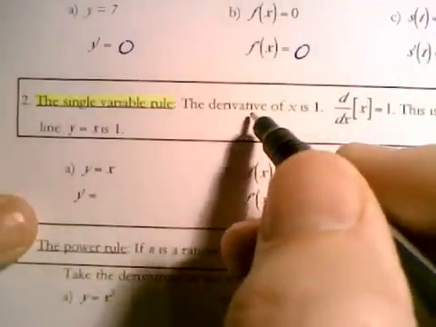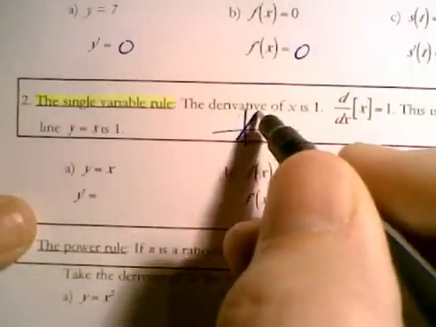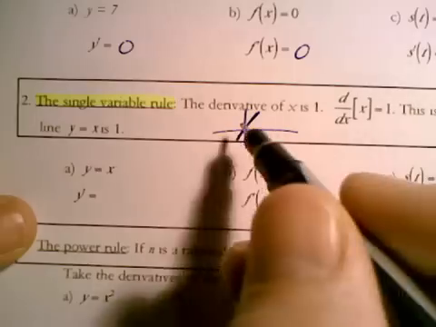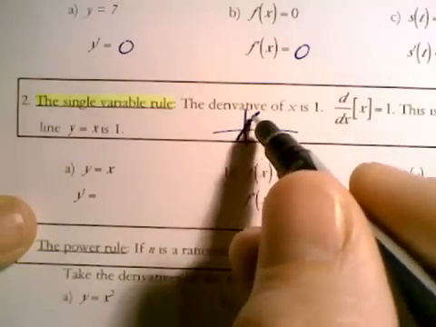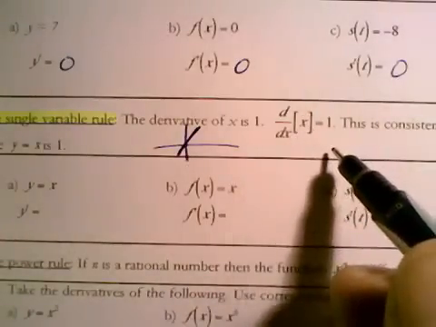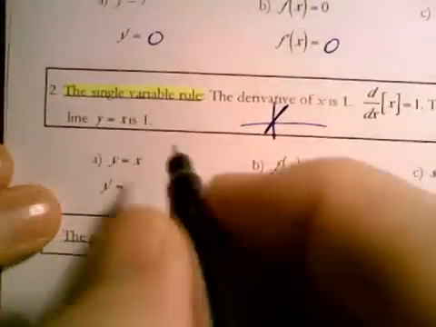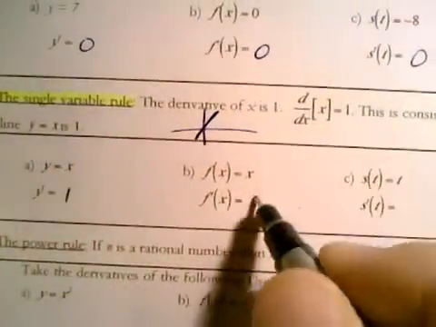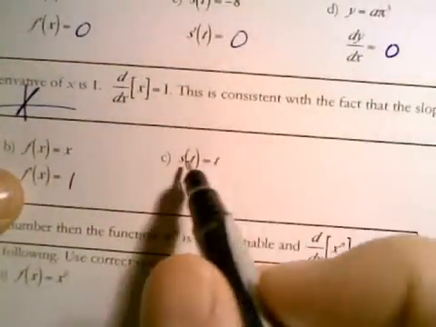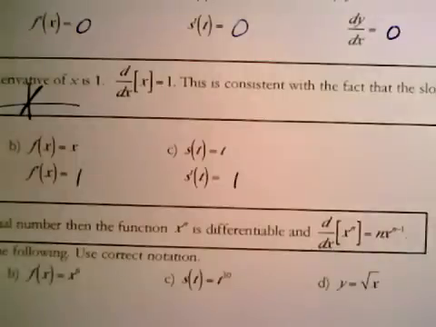And if you think about that, again, understand why the derivative is 1: y equals x is a diagonal line, and the slope of that line is 1, so therefore the derivative of x is equal to 1. Okay? And again, y equals x, y prime is 1, f prime of x is 1, and if s of t is t, then s prime of t is 1.